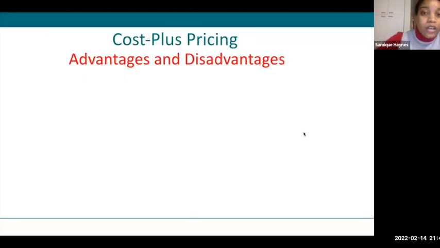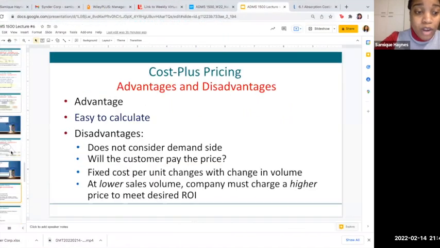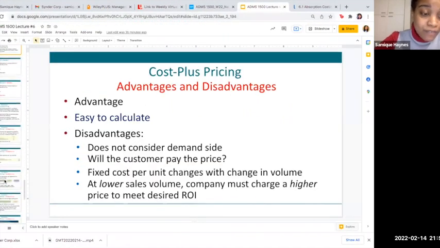Now, cost plus pricing advantages and disadvantages. For the rest of this lecture, everything here is going to be very theoretical. So I did promise you that I'm going to let you off a bit early.